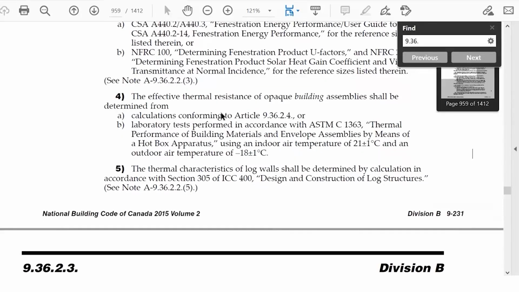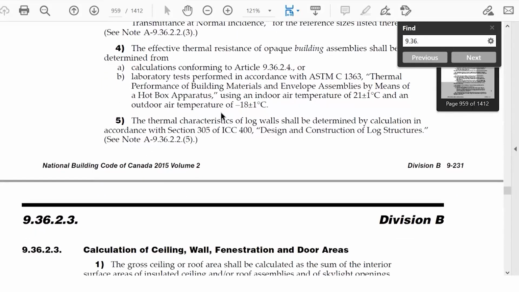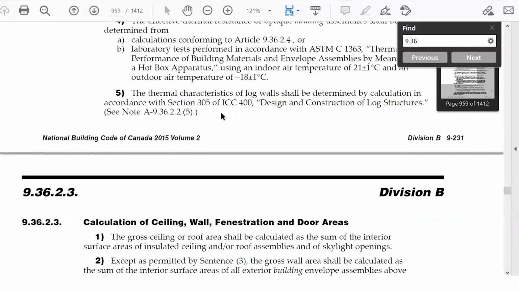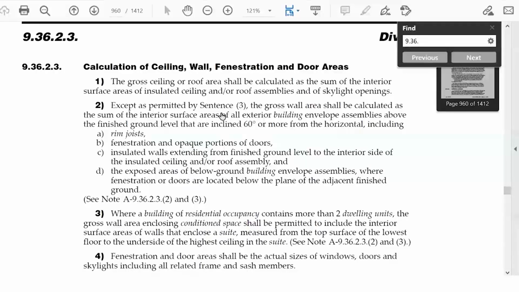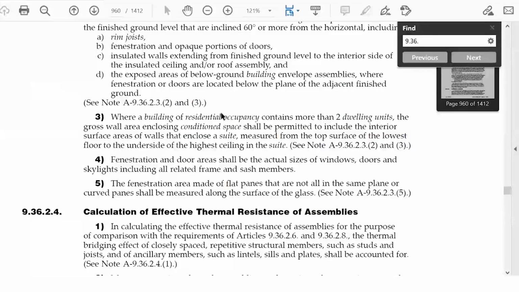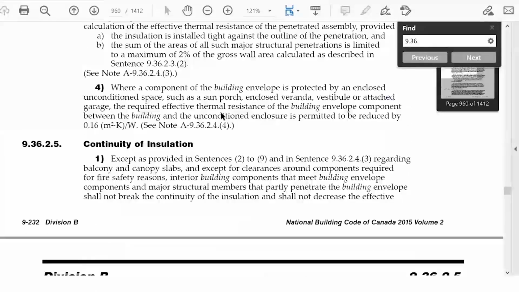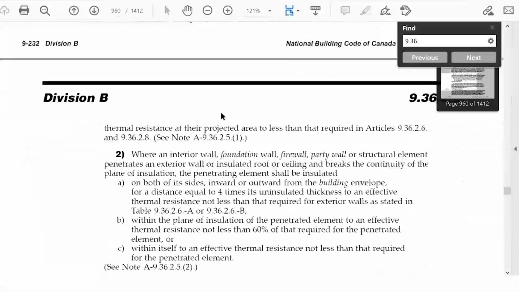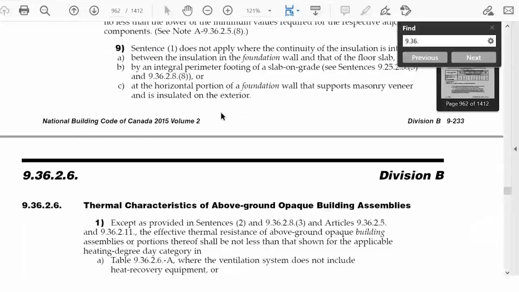Effective thermal resistance of opaque building assemblies shall be determined by calculations conforming to 936.2.4 or laboratory tests. For log walls, how it can be determined, and then calculation of ceiling, wall, fenestration or door areas for your calculation, and calculation of effective thermal resistance, continuity of insulation, and thermal characteristics of above ground opaque building assemblies.